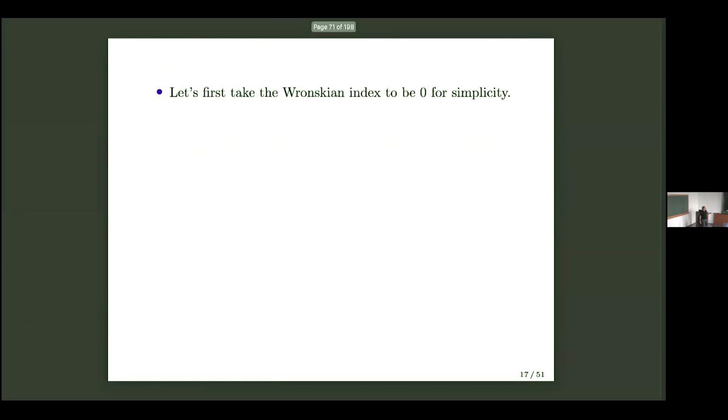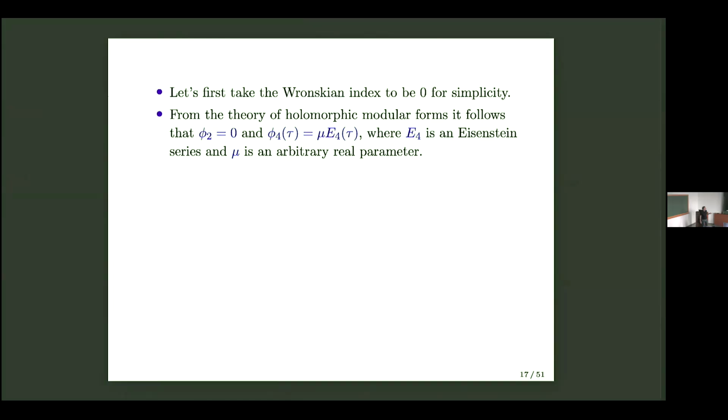Okay, coming back. So the simplest thing to do is take it to be 0 and ask what you can do in that case. And that's what we did in our first paper on this problem. Now, when it's 0, it's known that there's no holomorphic modular form of weight 2. So phi 2 is not there in the equation. And the only one of weight 4 is E4, so there could be a number in front.